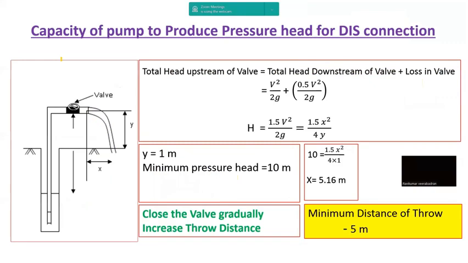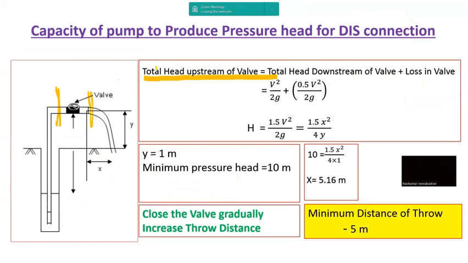How can we find whether the pump is able to produce this additional pressure at all? For that, the equation we use is: total head upstream of the valve is equal to total head downstream of the valve.